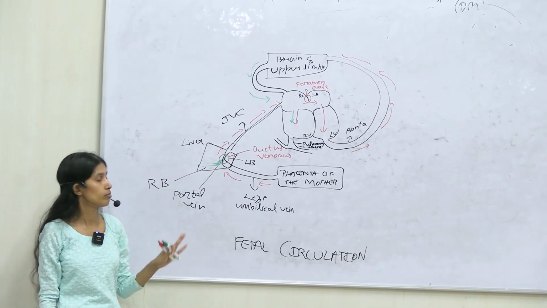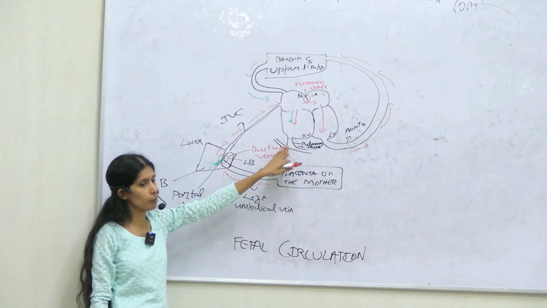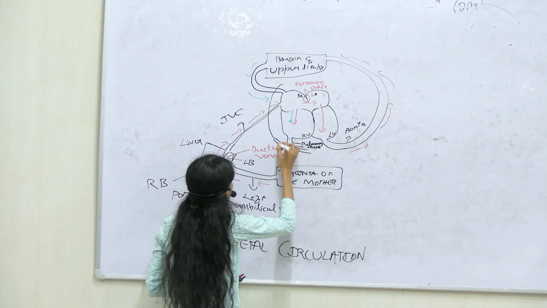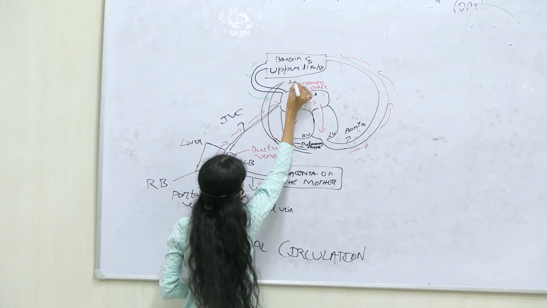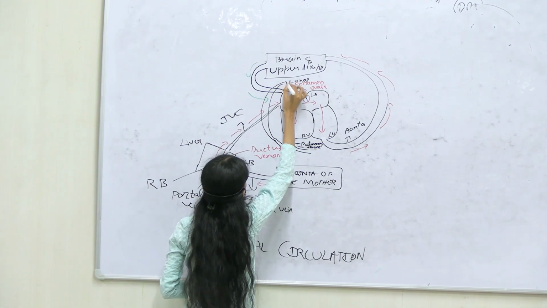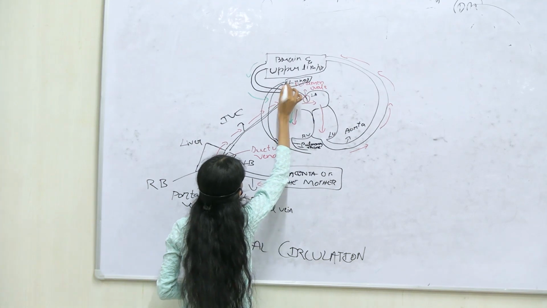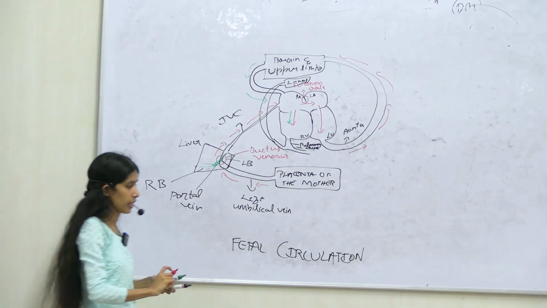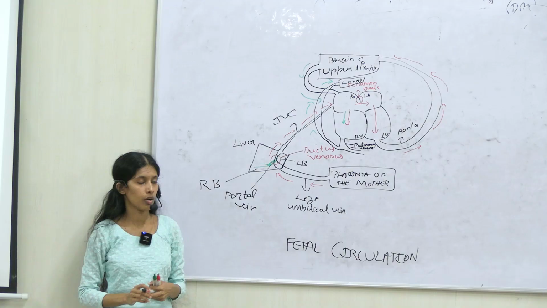So some amount of blood through the pulmonary trunk is going to enter the lungs. Is it clear? Any doubts? Okay.